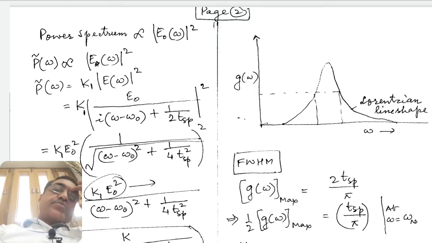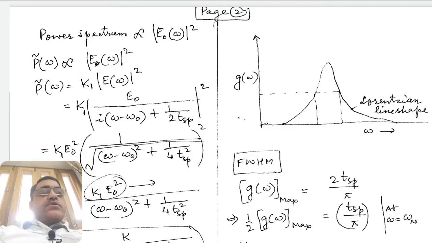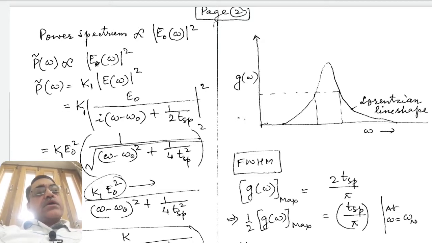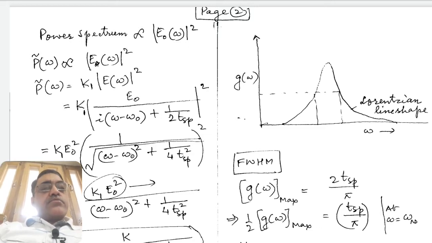Mostly there are three types of line broadening mechanisms. One is natural broadening, another is Doppler broadening, and last but not the least is collisional broadening.